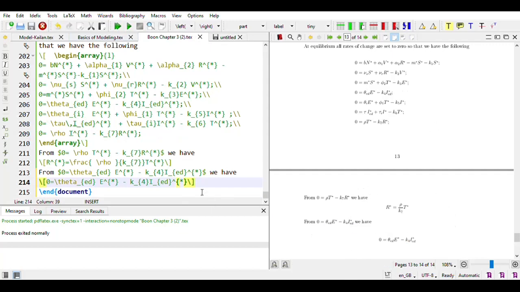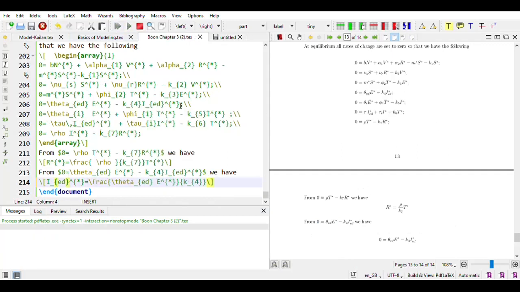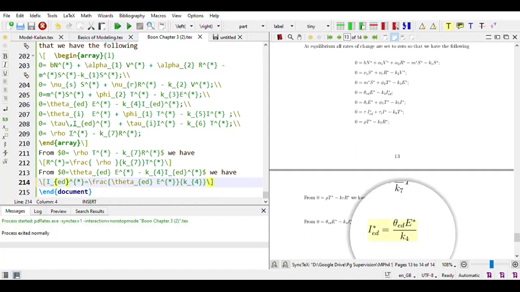So we can find IED in terms of ED. Alright, so I'm going to have this expression.